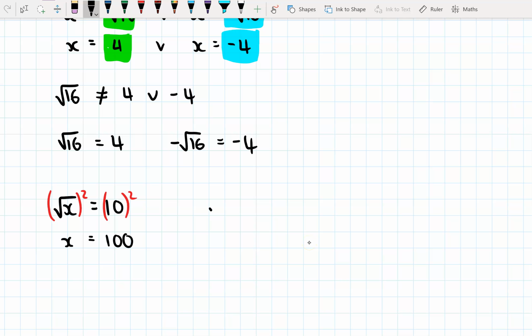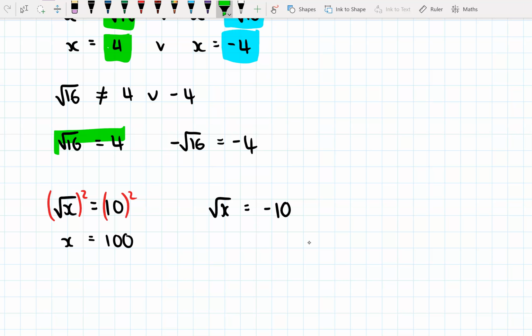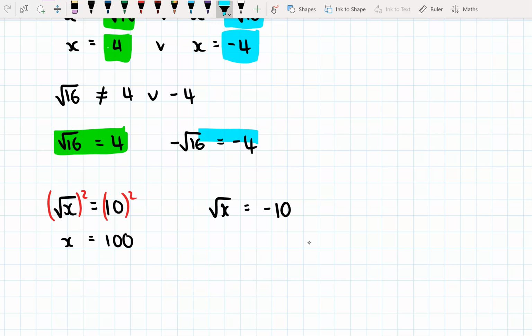Okay, if I said to you the square root of x is equal to negative 10, okay, you will see from what we mentioned just above that a positive square root has a positive answer, and a negative square root has a negative answer.